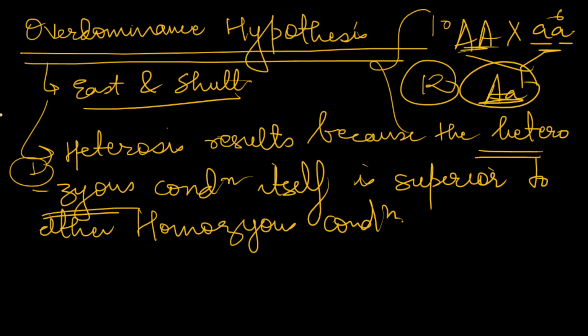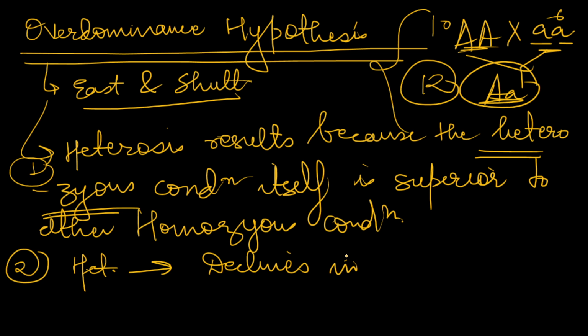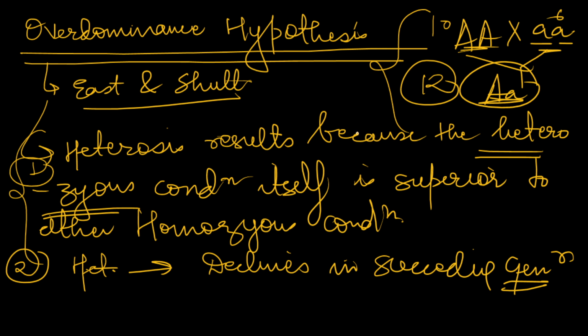One more thing is that the overdominance hypothesis also explains how heterosis declines in succeeding generations. So this was the overdominance hypothesis, and this is the concept given by East and Shull in 1908.